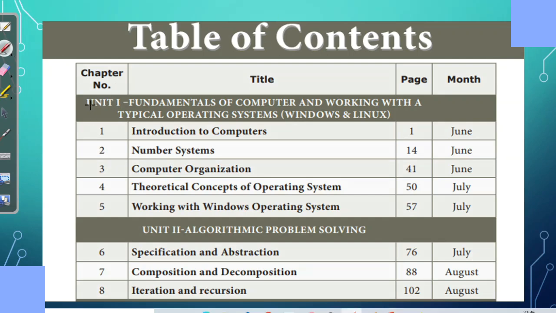First, you are going to learn about unit 1, that is fundamentals of computer and working with typical operating systems under Windows and Linux. Chapter 1 is Introduction to Computer.